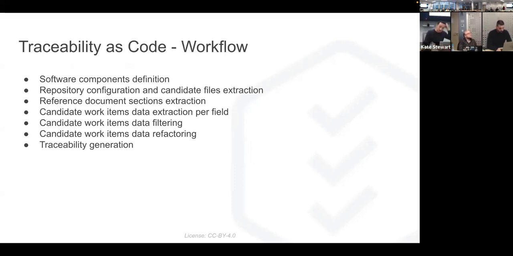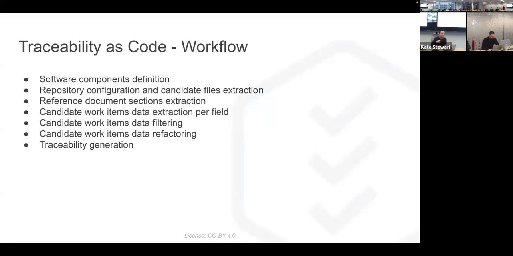Essentially, you define a list of software components and a repository to extract candidate files, with some rules that can affect the file name, the path, the file content, or whatever. Then you will have to extract from that text file the sections, if we are referring to a reference document, or directly the work item data.